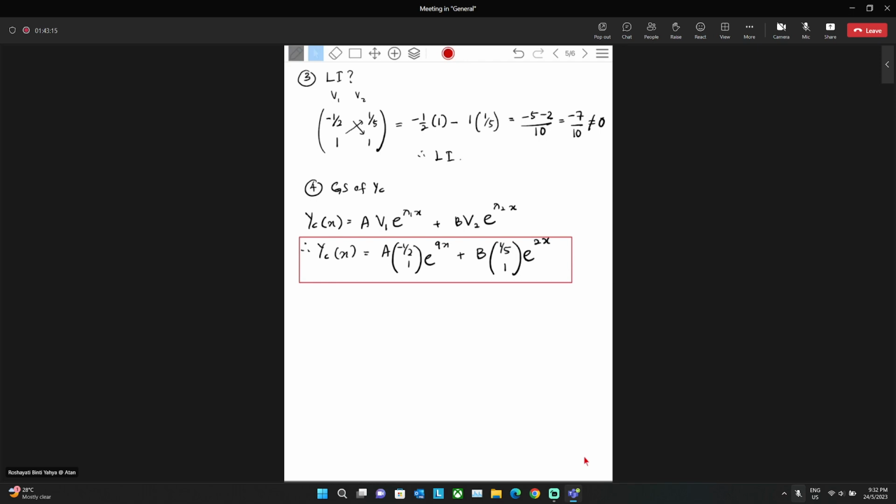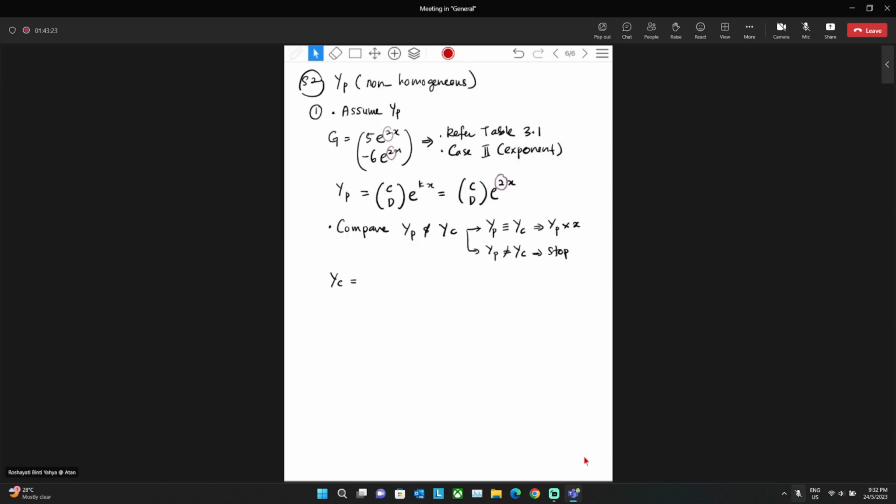So YC tadi, you have A negative half 1 exponential 9x, and then B 1/5 1 exponential 2x. So compare these two. Compare.